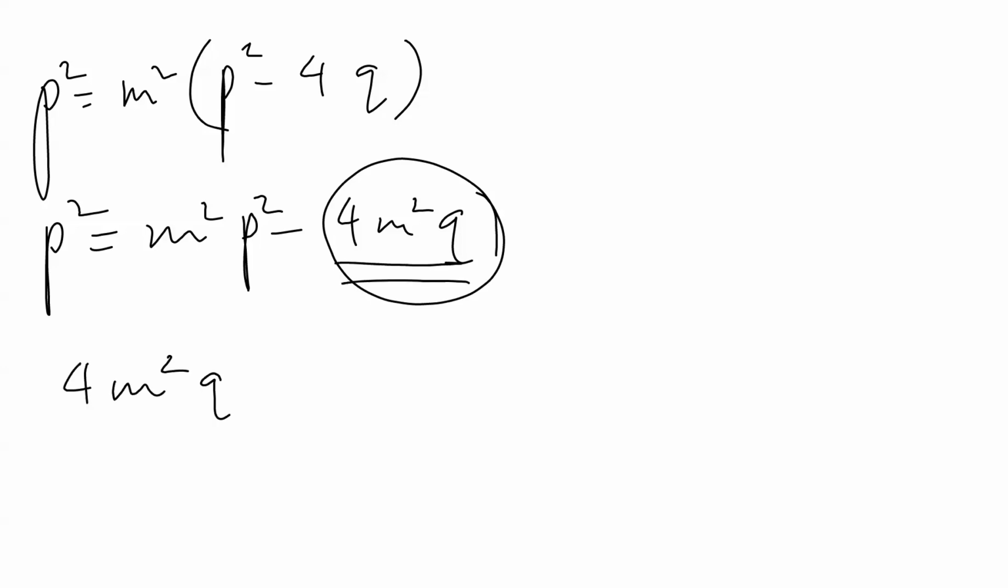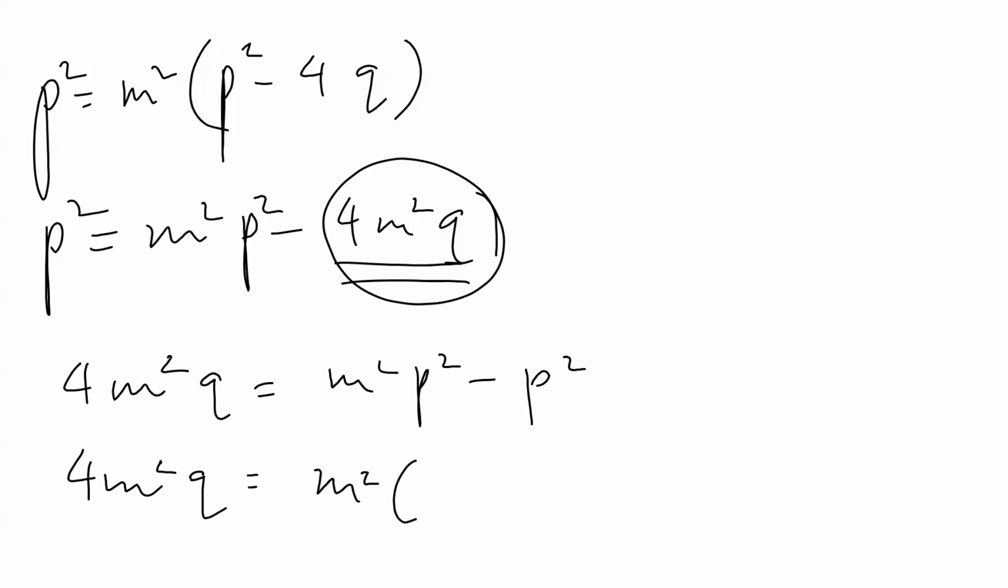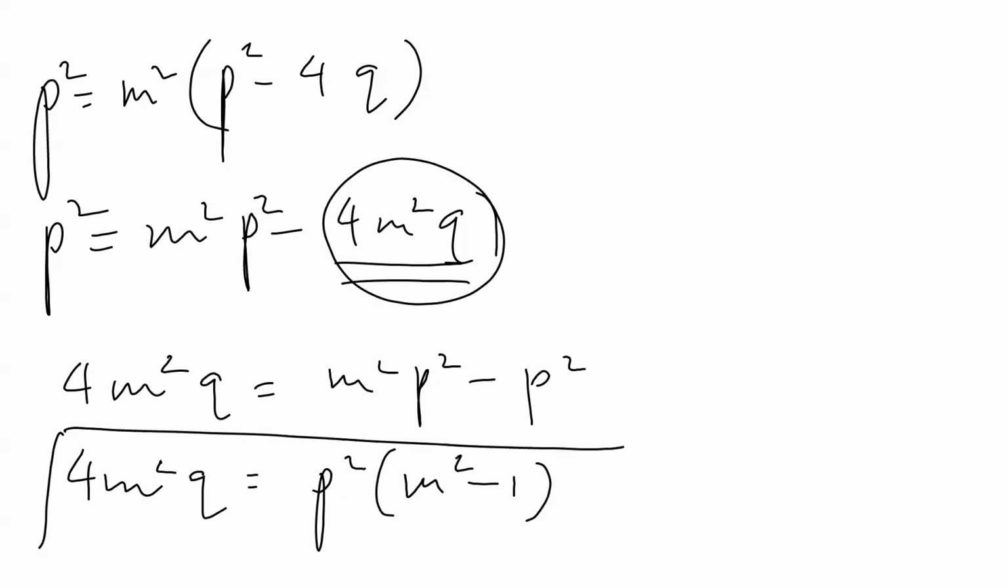So 4m square q is equal to m square p square minus p square. So 4m square q is equal to, okay, take p square common over here, p square into m square minus 1. Okay, so this is how we prove. We should always take a look at whatever we are supposed to find out. Fine.